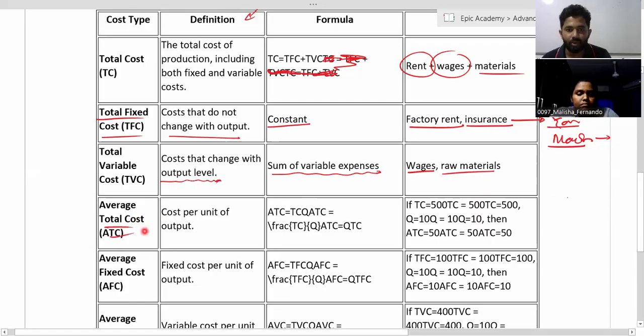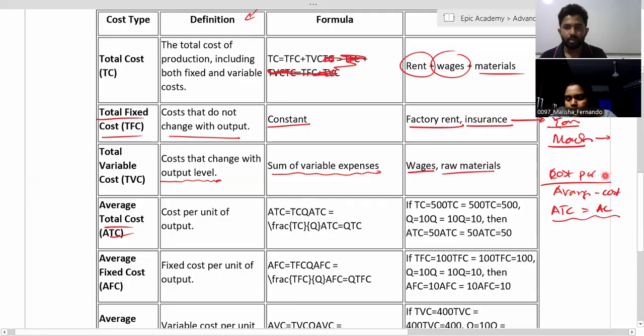Okay. So then what about the average total cost? ATC. ATC means AC. It is similar, okay? Sometimes you call it ATC, sometimes it is called AC. There's no difference between those. We call it average cost, or we can call it cost per unit.